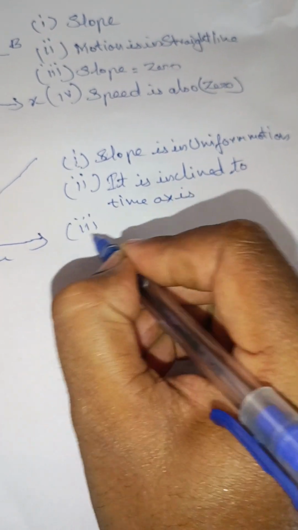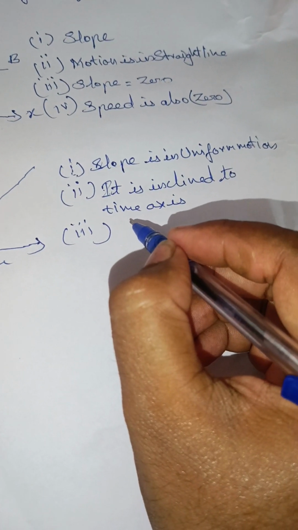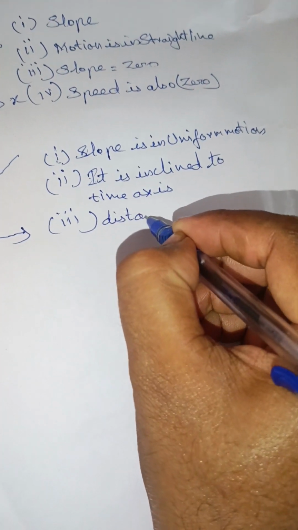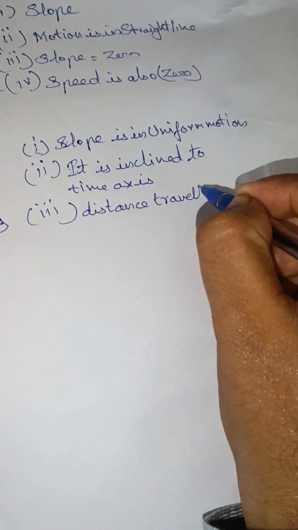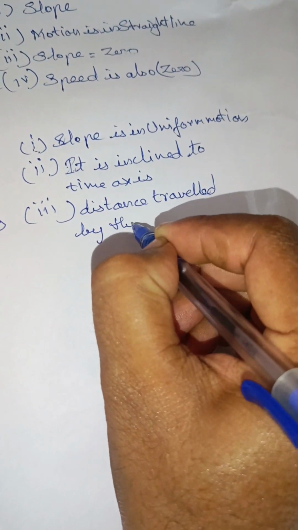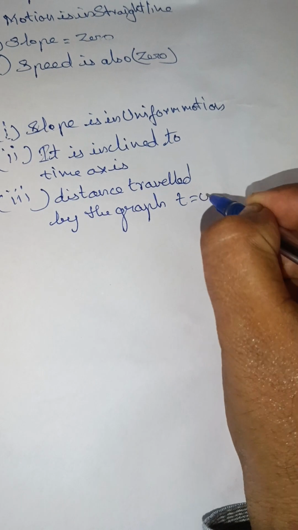Since the motion is uniform, we can also say that the distance traveled at the time t equals 0 is 0, and the motion is uniform motion.